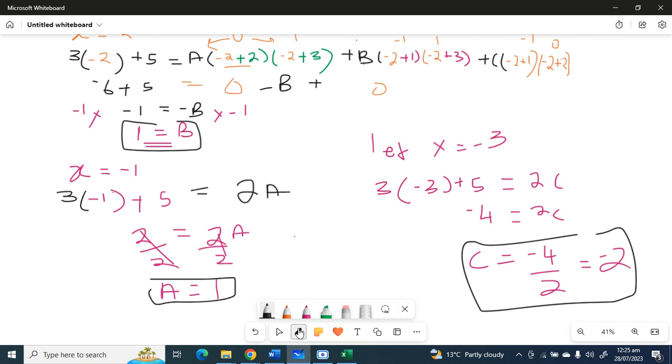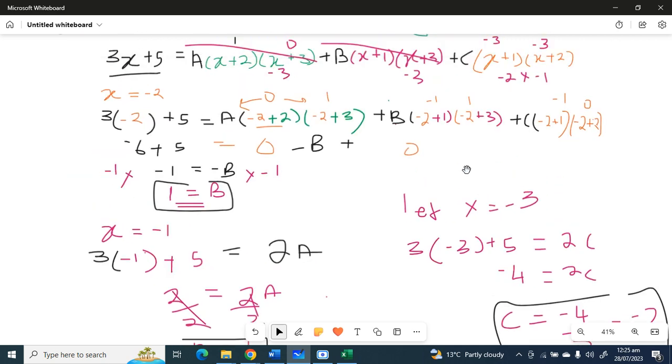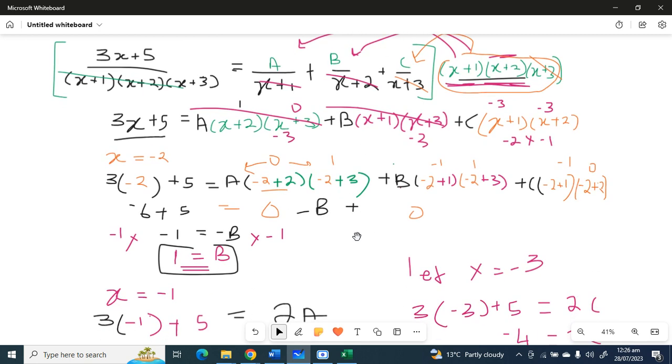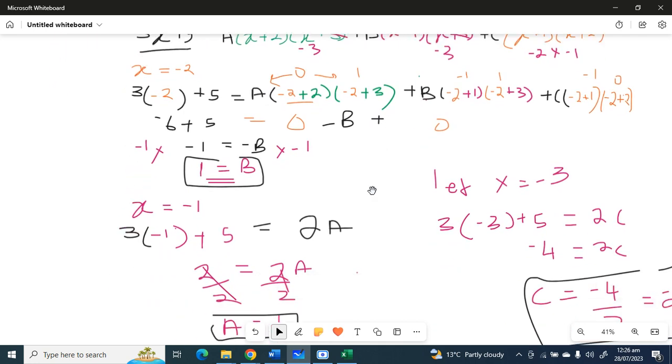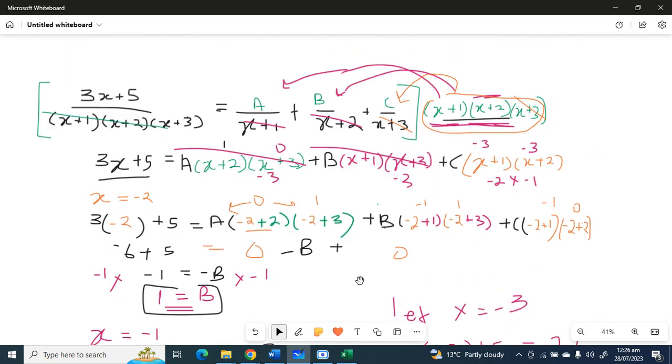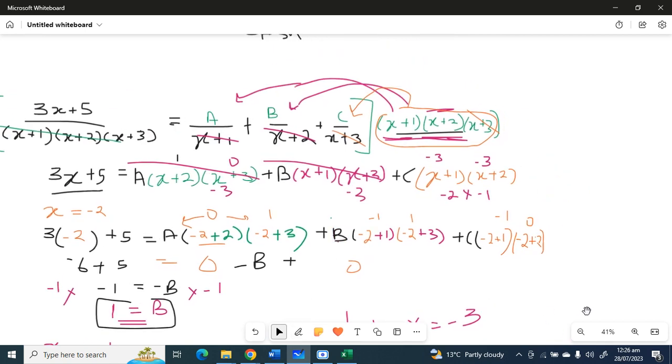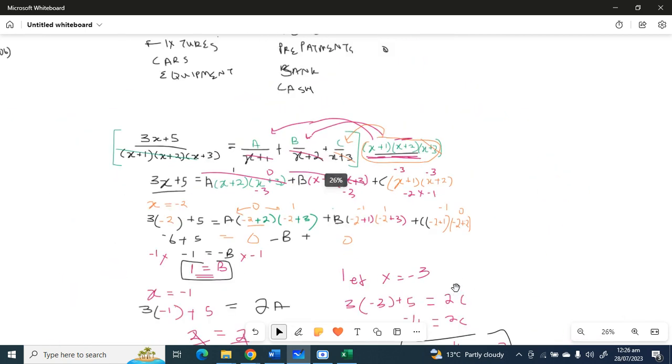So all we need to do is go back to our original expression, which we started with. All right, this one here. So we're going to replace a with 1, b with 1, and c with negative 2. So let me rewrite the expression.